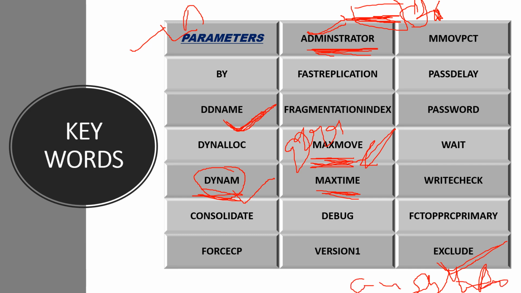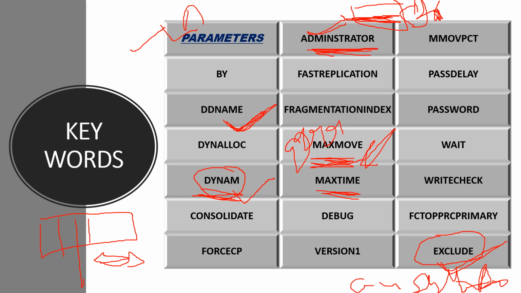I'll be telling you which data sets have to be excluded in a further video. The thing is that some data sets will take more time for the defrag to run. There will be some important system data sets which have to be excluded. When you exclude these data sets from the list, the defrag will run faster. Normally you want the defrag to run faster, right? So you have to see the ways which can reduce the time to run that defrag program.